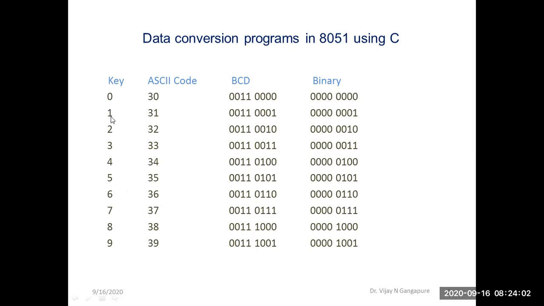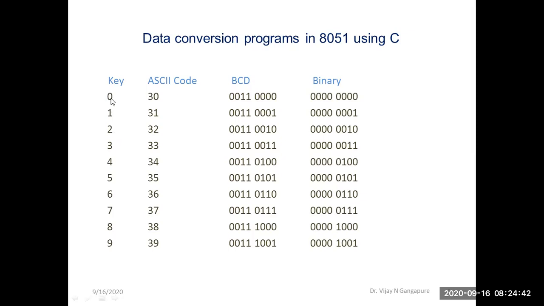When you press a key, your computer system sends the ASCII code of this key to your microprocessor, and it gets displayed on the application which is active on your desktop. So when a particular key is pressed, its ASCII code is sent to the application. This is one application: converting the key to ASCII code.